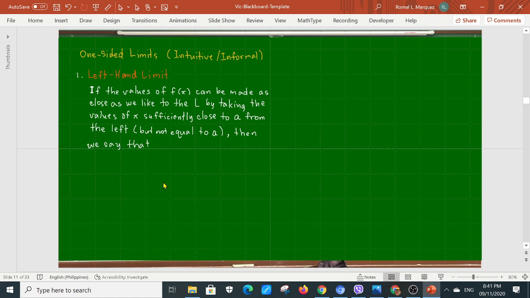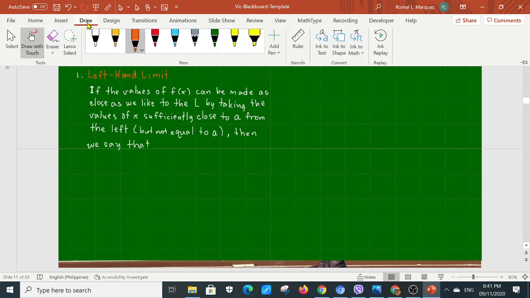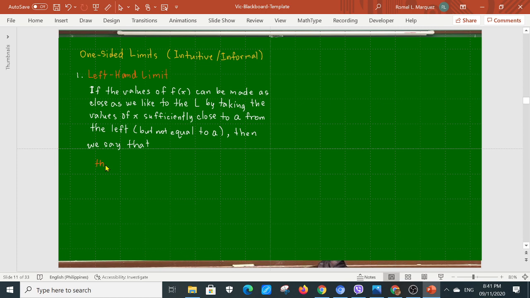so the next meeting will have more on computations na. We say that the left hand limit of f of x, left hand limit is also called limit from the left.